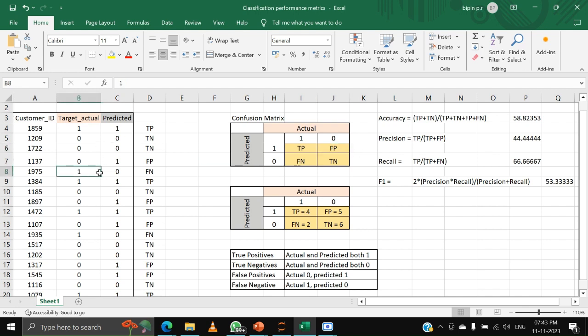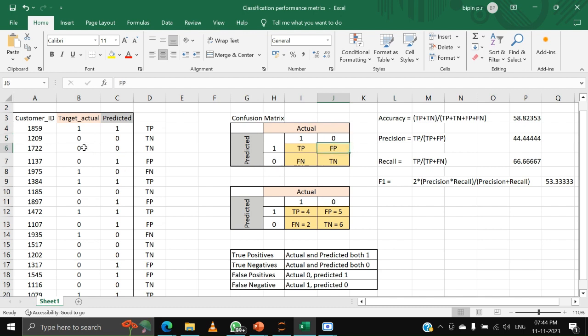We should start from actual to predicted. If actual is 1 and predicted is 1, it is true positive. If actual is 0 and predicted is 1, it is false positive.